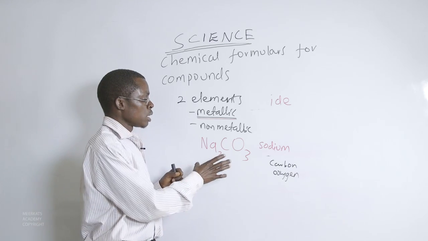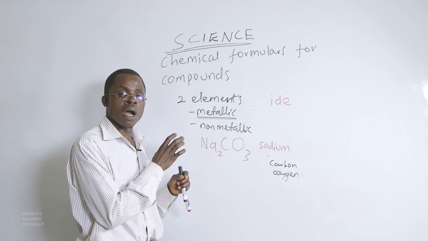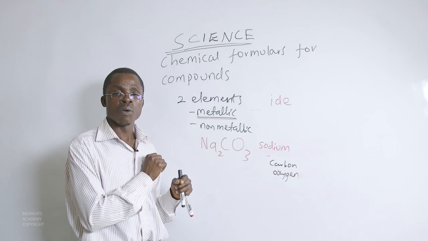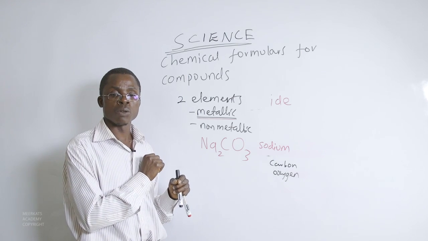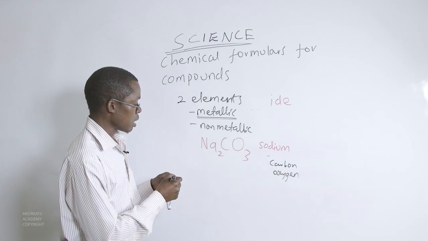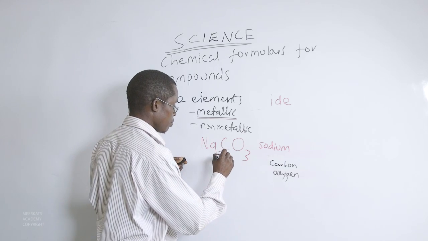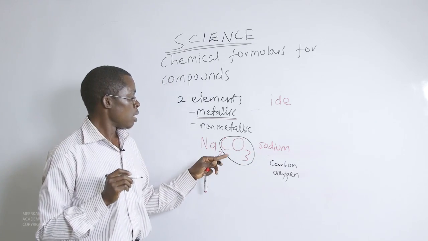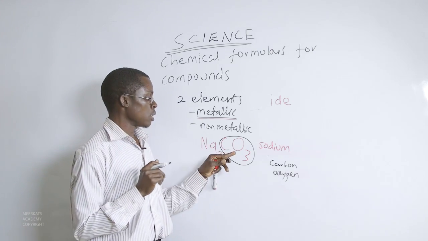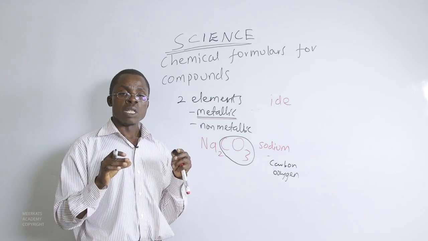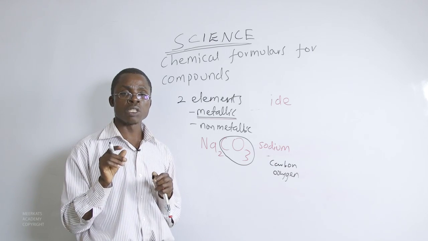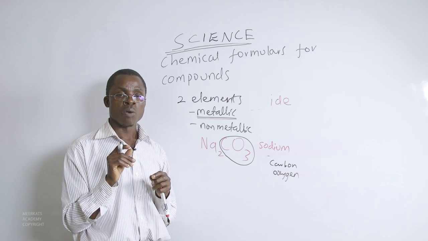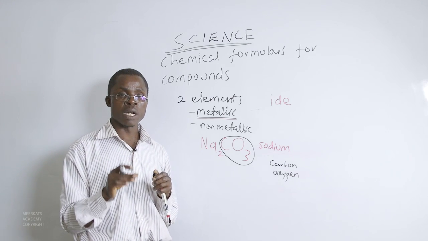So in this formula, we have that type of group of atoms, which we call a radical, and that is this part: 1 carbon and 3 oxygens. They always operate as a single unit, a unit we call a radical.